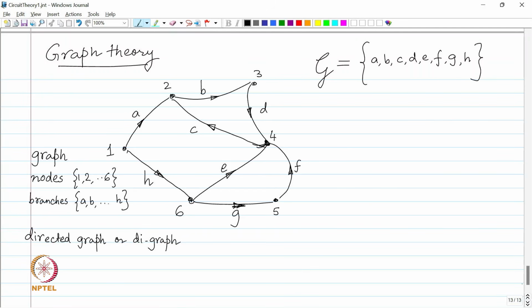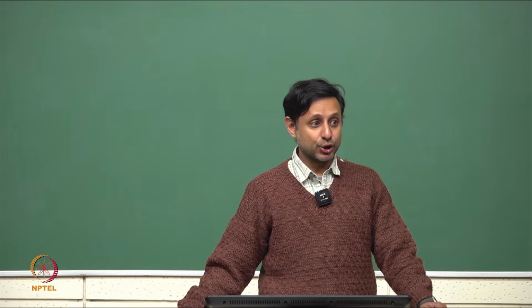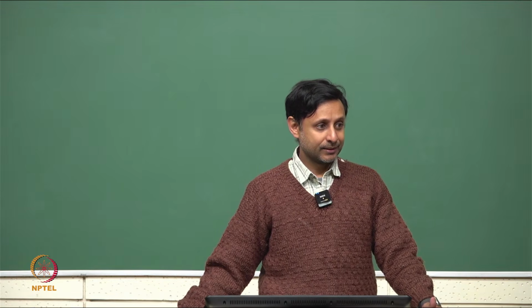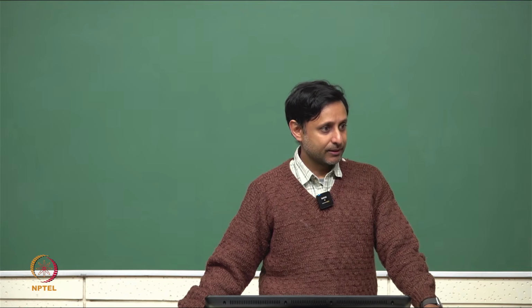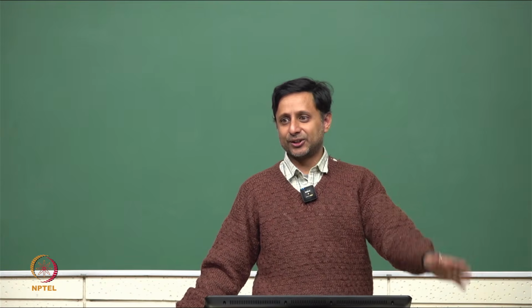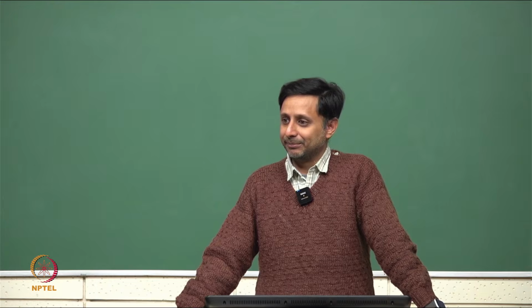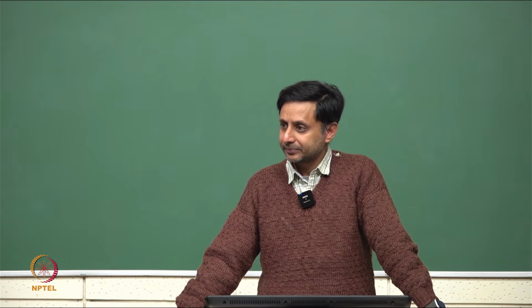You can think of these as directions of currents in future, or they could be directions of potential drops from plus to minus, that also you could think of in future. Okay. For now we have just placed them randomly. So, this is going to be called a digraph.